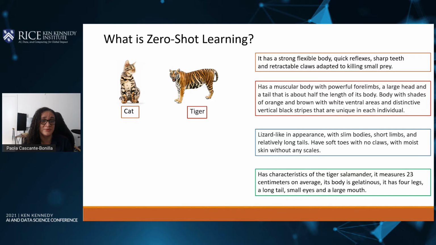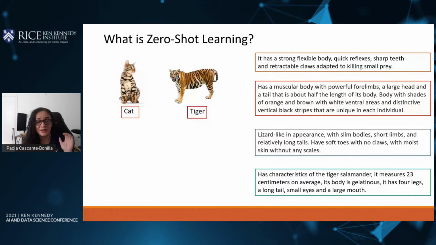It has retractable claws, referring to cats. Then muscular body, and it also has claws, but the body has shades of brown and orange with white ventral areas and distinctive vertical black stripes and so on.